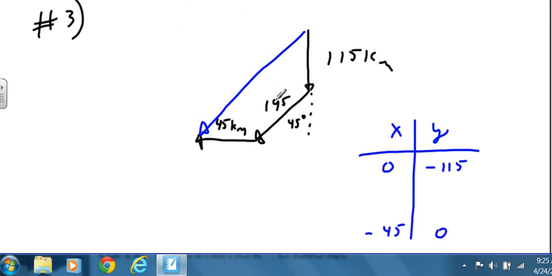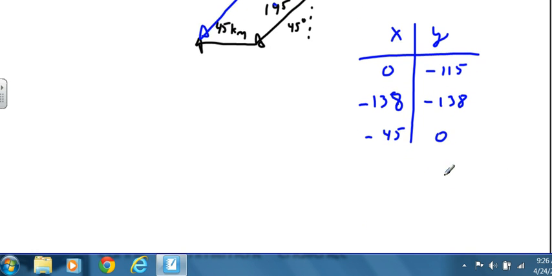And now I just have to do 195 sine and cosine of 45, and the sine and cosine of 45 is the same number, so I only have to do one of them. 195 times sine of 45, and I see that it's going to be negative in the x direction, 137, we'll call it 138, and negative in the y direction, minus 138.